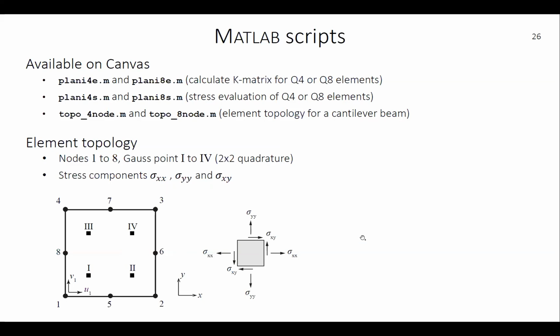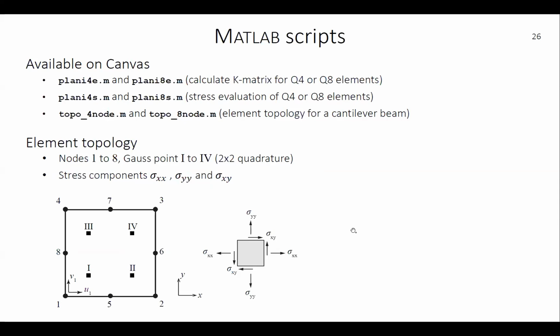So for each of the Gauss points, you will have 3 stress components. So when you run Plany4S, the output will be the stresses at the Gauss points, 3 stress components for each of the Gauss points. And then you would need to use this extrapolation stress matrix to go for each of the Gauss points and each of the components, and extrapolate from the Gauss points to the nodal points.